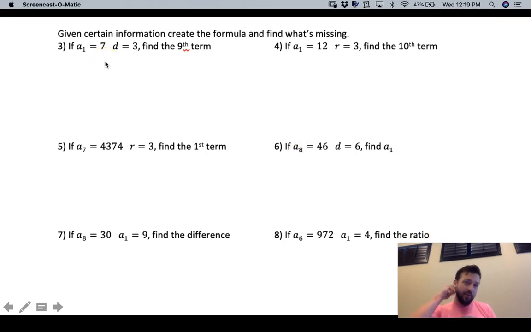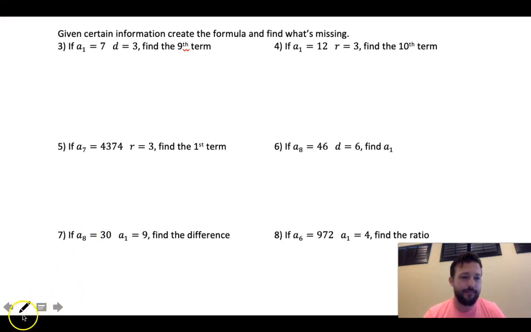Okay, given a1, find the 9th term. On all of these, I give you stuff and I ask you to find something that's missing, yeah? So, let's get my pen. Find the 9th term. Now, it has a common difference, so I know it's arithmetic. If I want to find the 9th term, let's set up my formula. A sub 9. I want to find the ninth term.